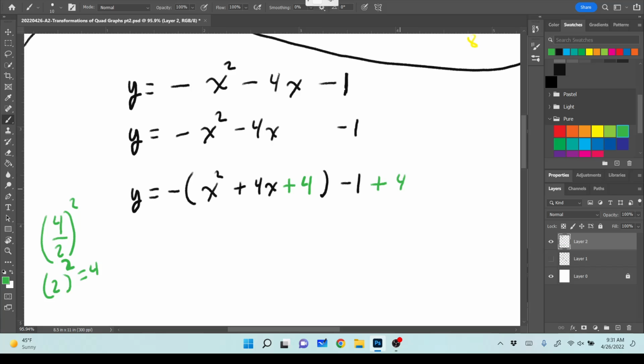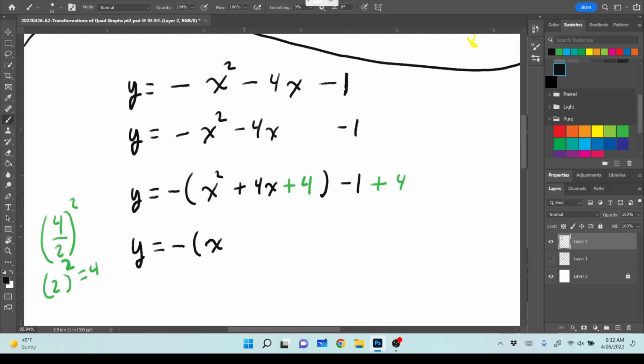Now what? Pretty much, yeah. I think we can go straight to the answer now. So what will it be? Y equals negative x. Not squared, just x.